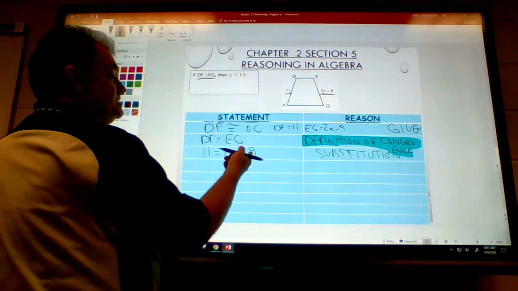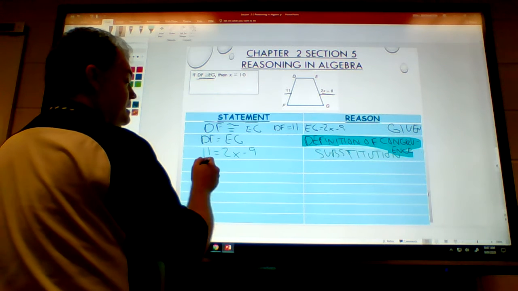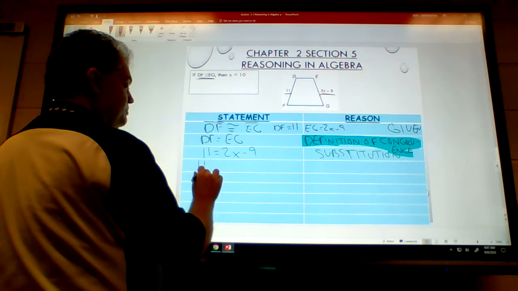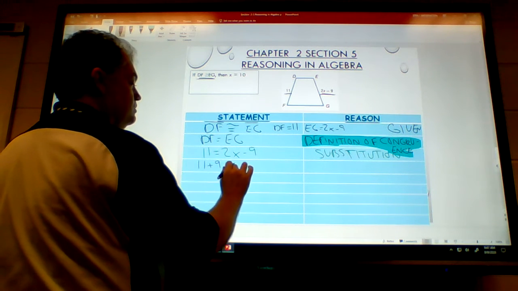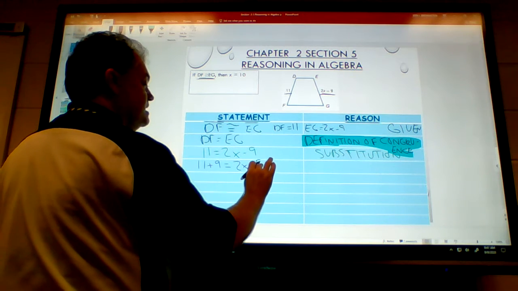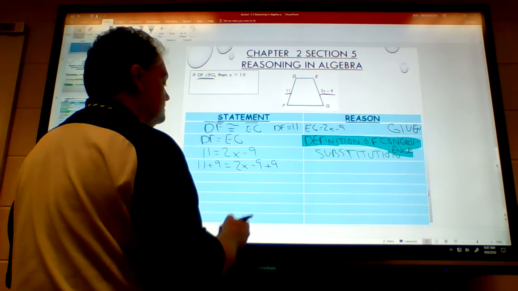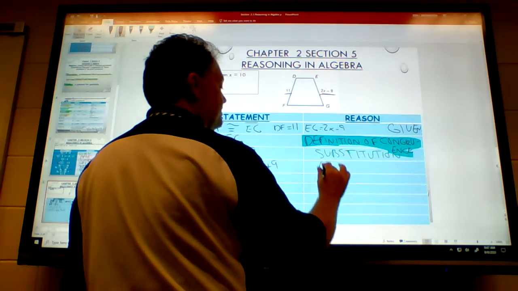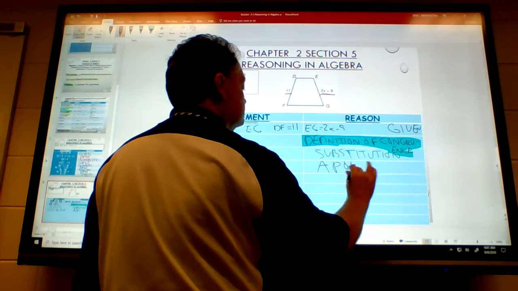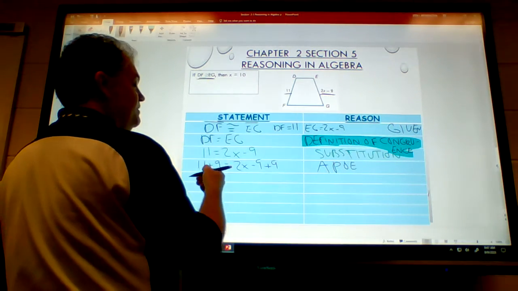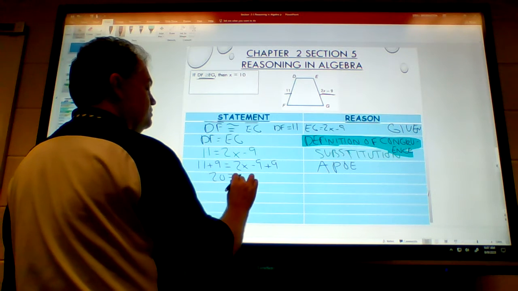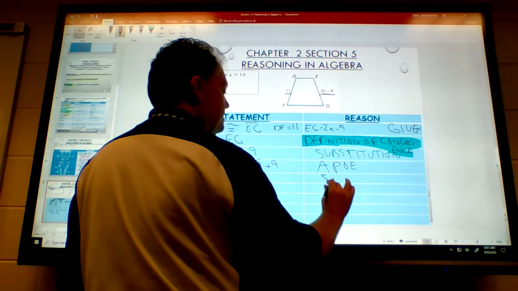I'm trying to get x by itself, so I'm going to add 9 to both the left and the right. So it's going to be 11 plus 9 equals 2x minus 9 plus 9. And that is the addition property of equality. I simplify those two numbers. I get 20 equals 2x. So simplify.